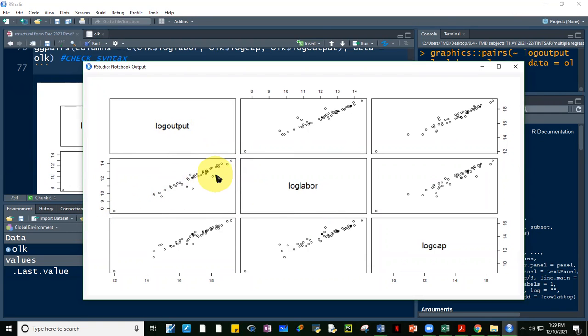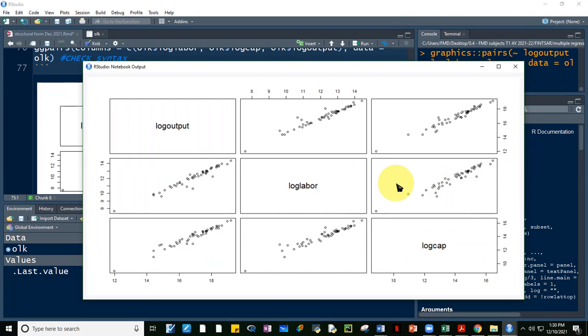Very correlated sila. Tapos si log output at saka si log capital, also very high. The problem now is the correlation between log labor and log capital. Mataas din siya. Remember guys, we learned before that we don't want the independent variables to be really correlated with each other, kasi magkakaproblema tayo ng multicollinearity. Tingnan nyo guys, halos perfect yung correlation nila, no? Very, very high correlation. So we'll have a problem with this.